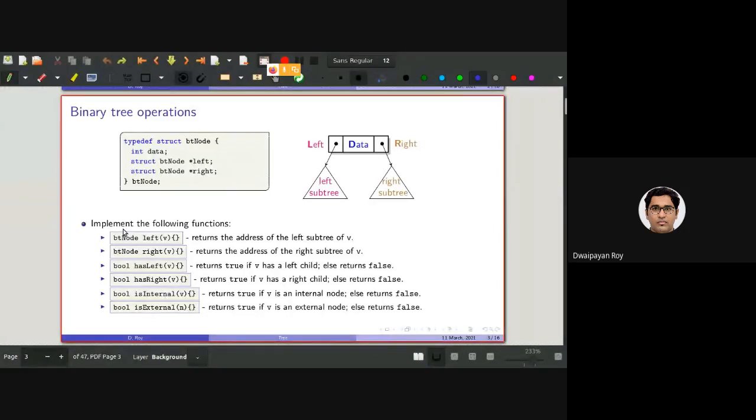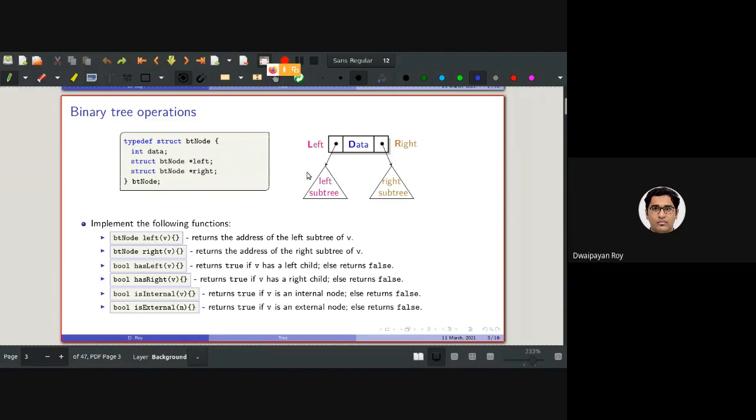So I asked you to write these 6 functions, which might be needed at some point to implement some larger codes. They are pretty easy. The first one, as I have discussed, will be returning one binary tree type of node. Given another binary tree type of node, it will be returning the left subtree.